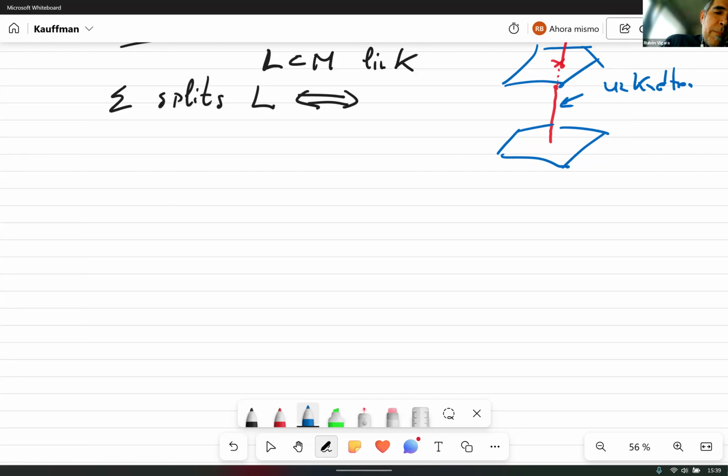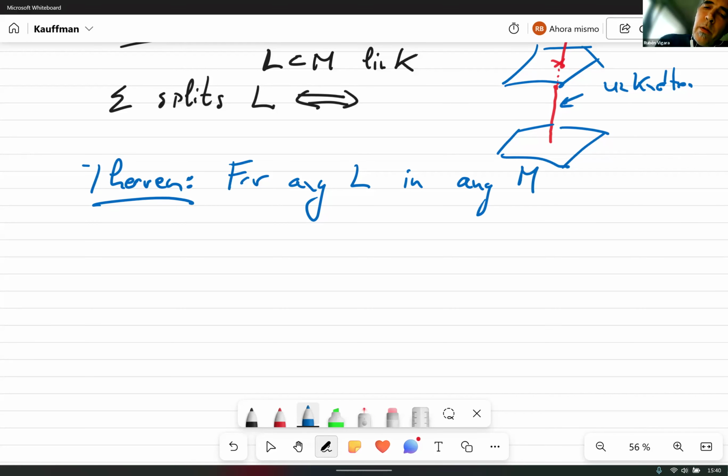We prove the following theorem. For each link in any three-manifold, there exists a filling Dehn sphere that splits the link.